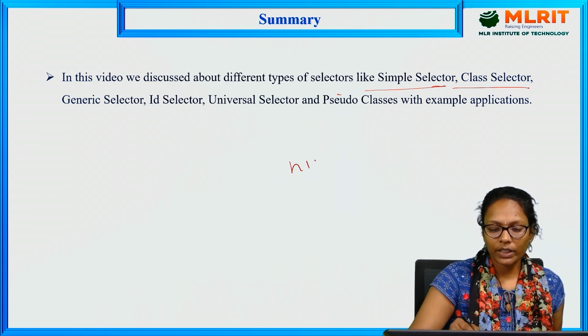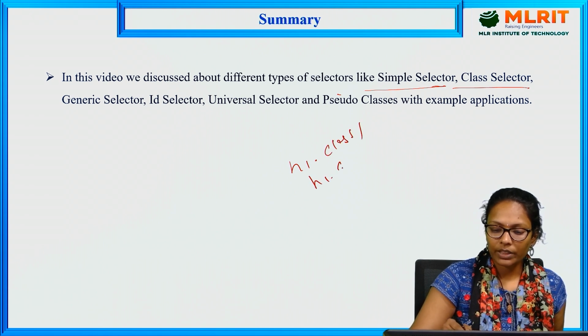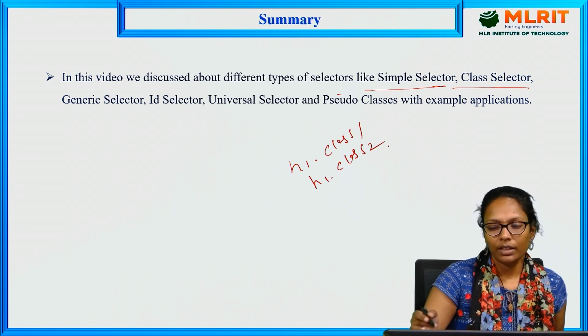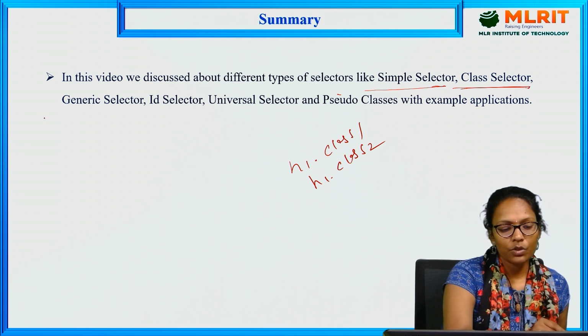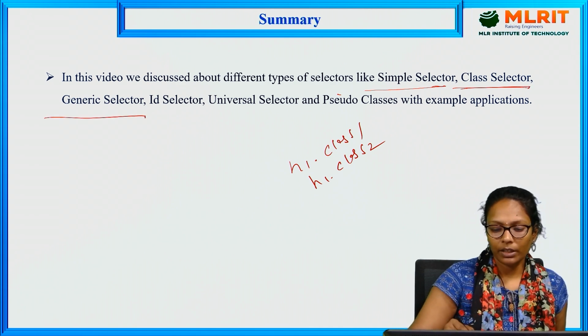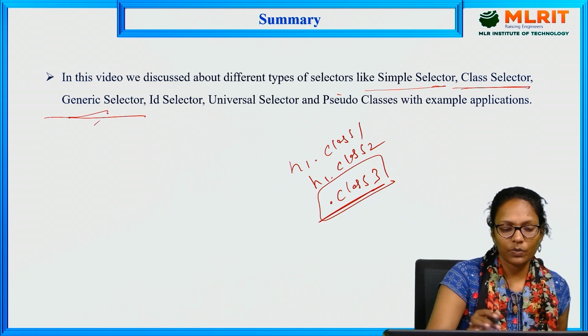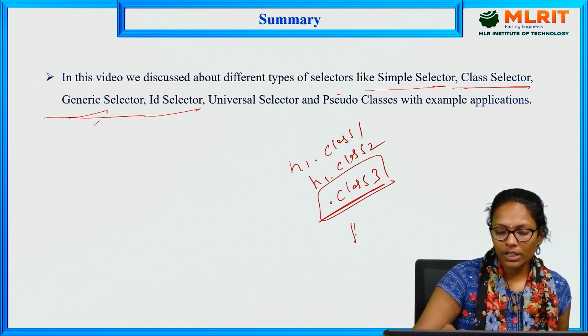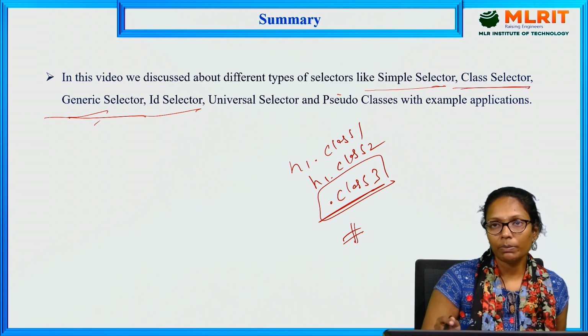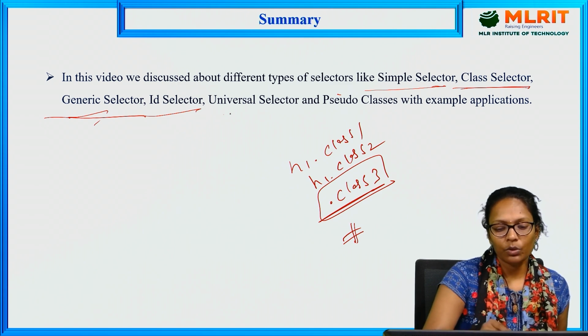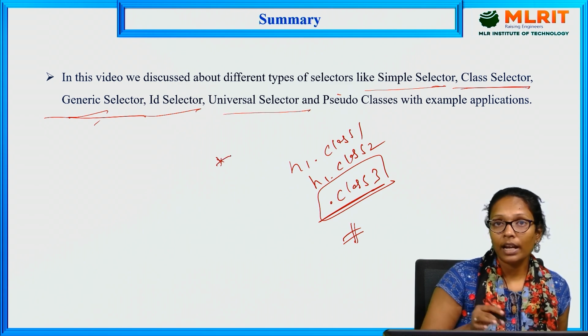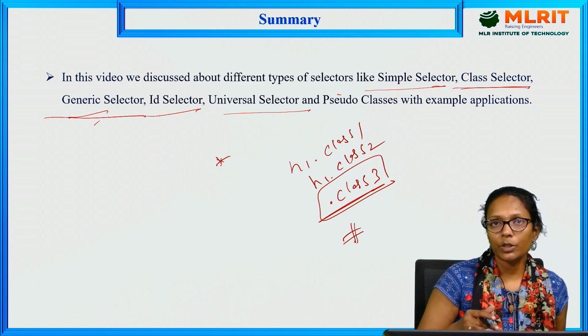I have an H1 element with the class name class1, and an H1 element with the class name class2. In that case, you are using the class selector. Generic selector is the generic dot class3. The elements whose class name is class3 will have all the set of styles applied. ID selector, you mention using hash, and this ID will be unique to a particular element. Universal selector, you use star, and this will be applied to all the elements of your program.